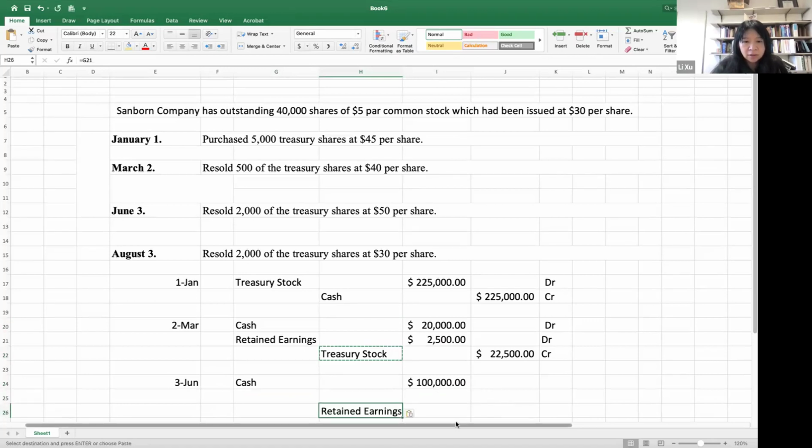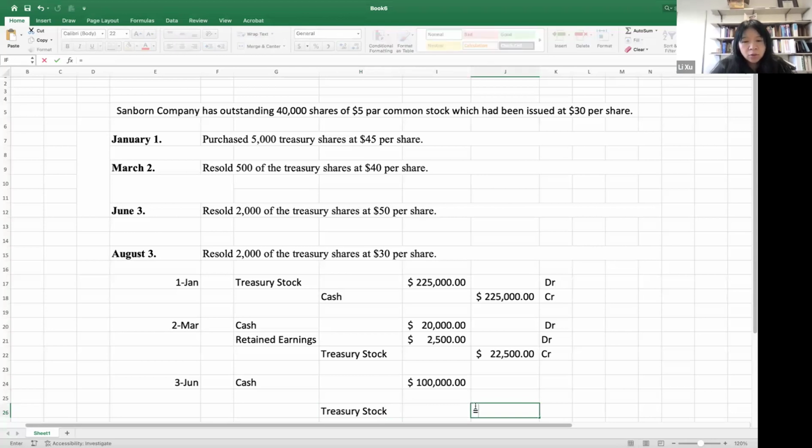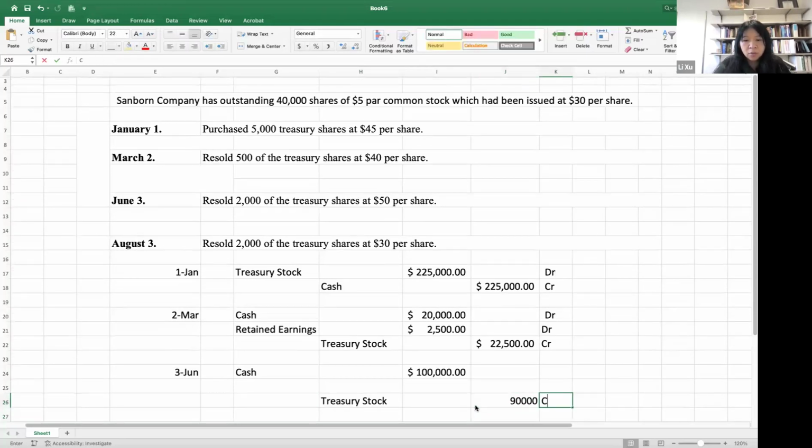We're going to take out treasury stocks. How much do you have to remove? 2,000 shares, and you paid 45. So that's the amount you're going to remove. And now you can see that to make sure debit equals credit, you need something on the credit side.